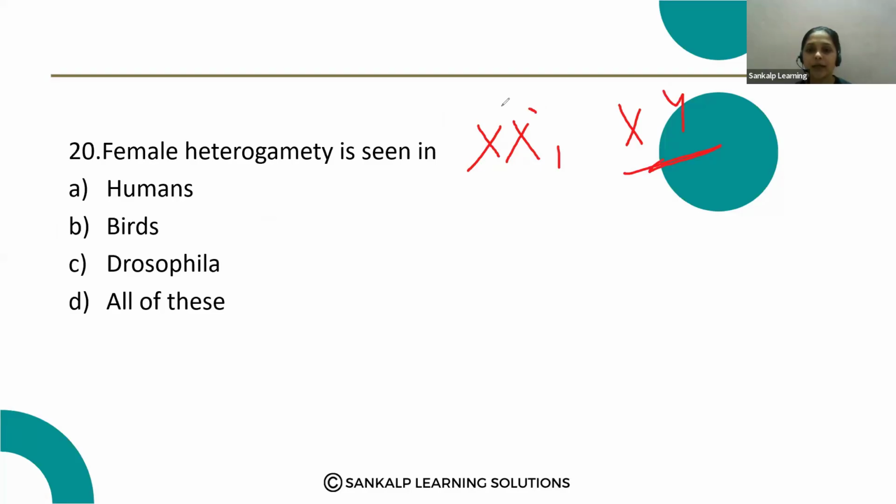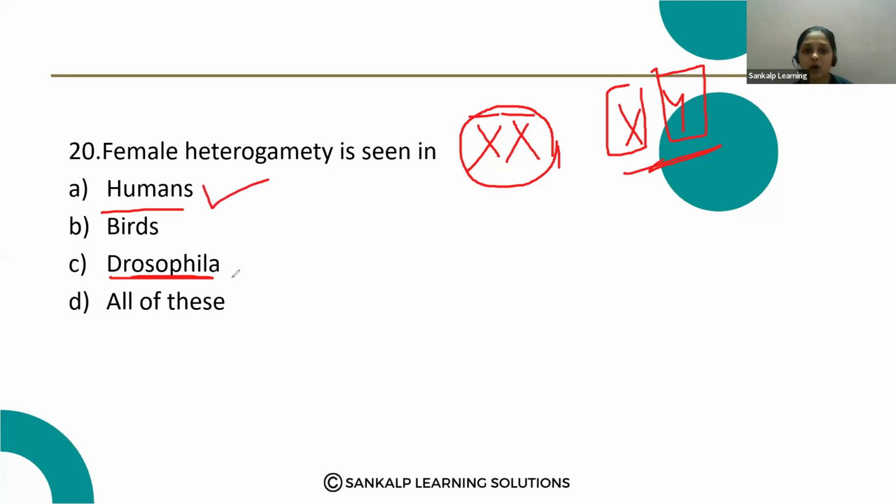Here females are homogametes, meaning they produce gametes that contain the same type of chromosomes. But here you can see female heterogamety. The male gametes may contain the X chromosome or Y chromosome, that is called male heterogamety. But in humans there is no female heterogamety, male heterogamety is seen.